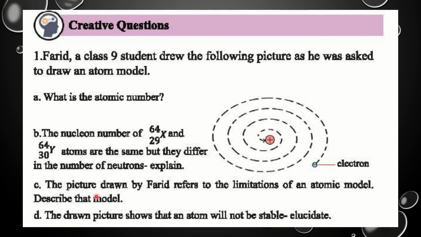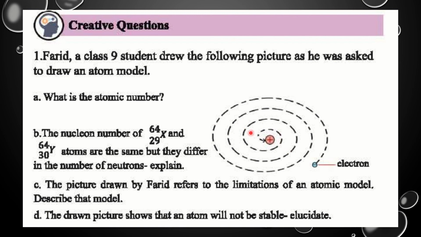C number question. The picture drawn by Farid refers to the limitation of an atomic model. Describe that model. This figure refers to what? This is the limitation of Rutherford's atomic model, because here the model did not obey Maxwell's electromagnetic theory of radiation.